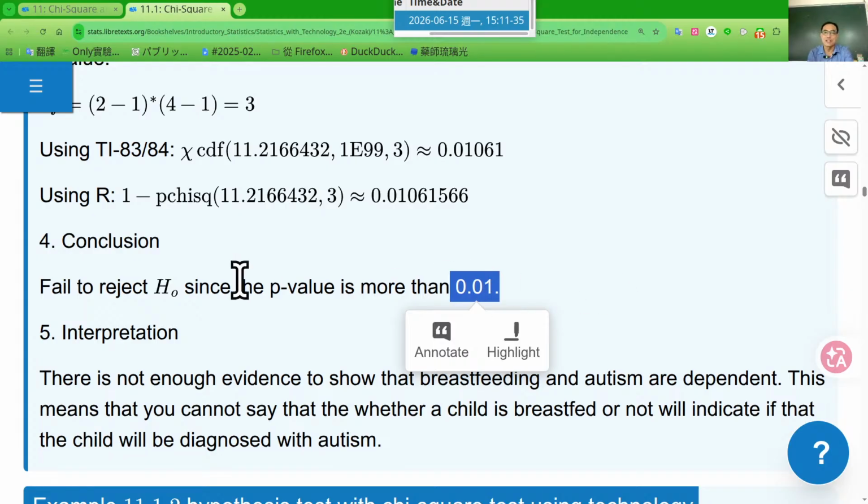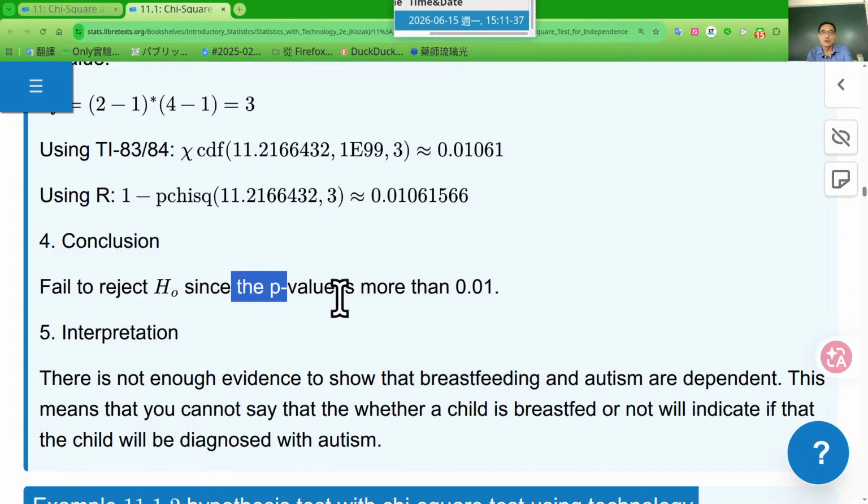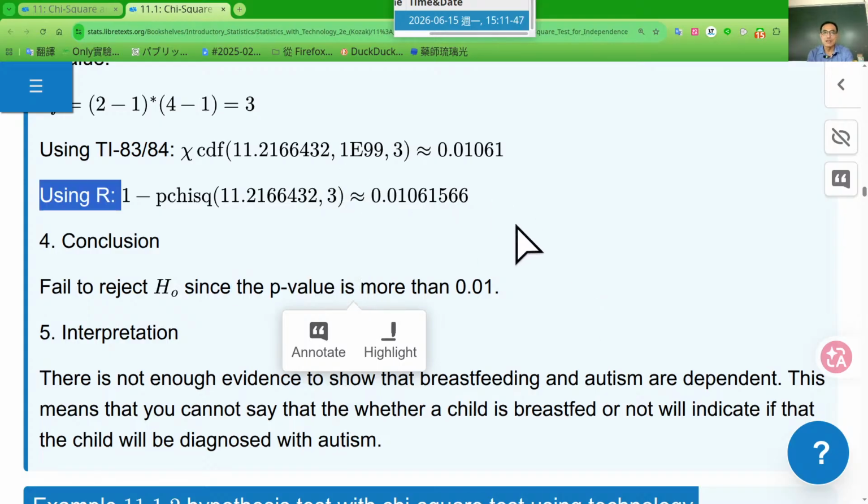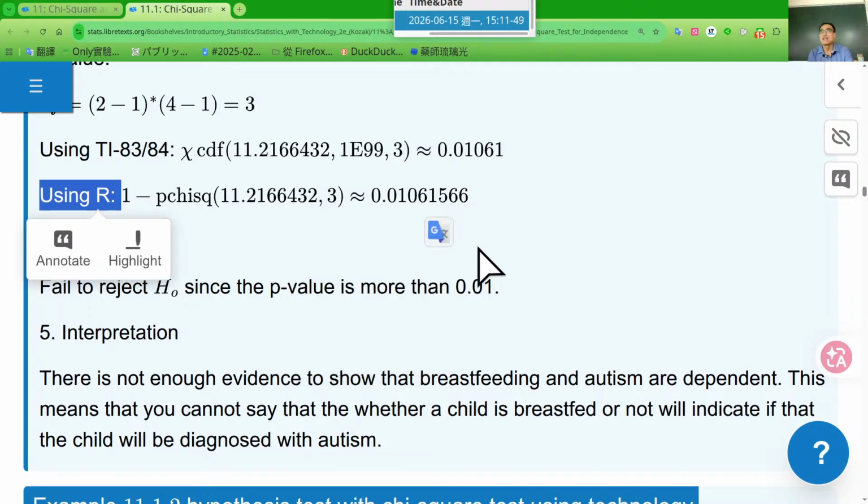I think it's significant. But here, the question said the alpha level at 0.01. Otherwise, if we get used to setting the alpha level at 0.05, in this situation, yes, we can say that there is enough evidence to show breastfeeding and autism are dependent.